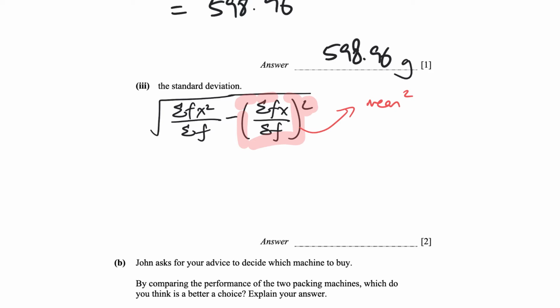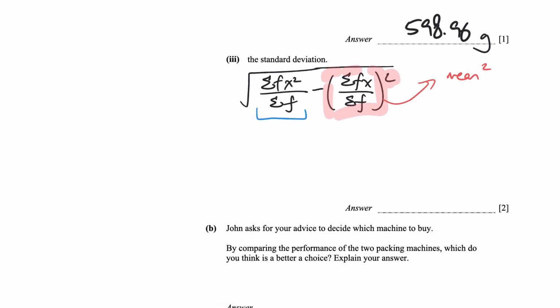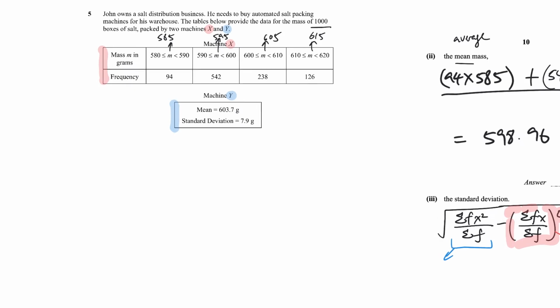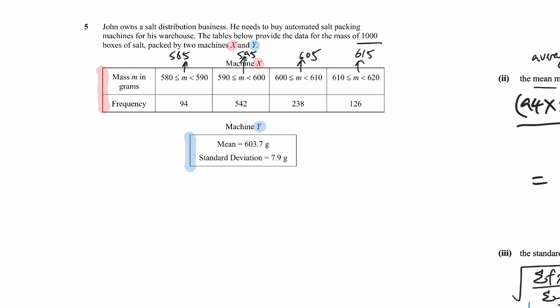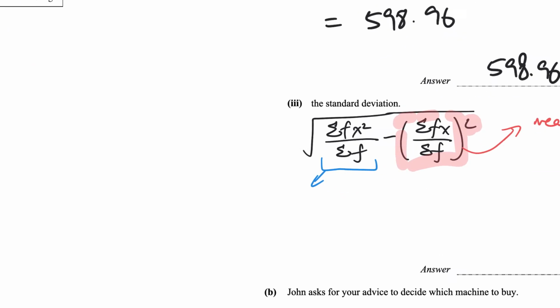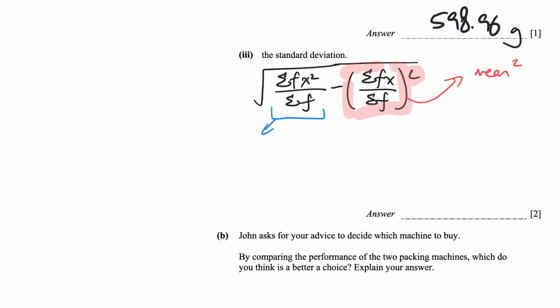What we need to do now is calculate this part. We sum up the frequency multiplied by the x squared value. The frequency is 94, for example, for the first one, and my x value is 585, but I square it. So it's going to be 94 multiplied by 585 squared. Then we continue.